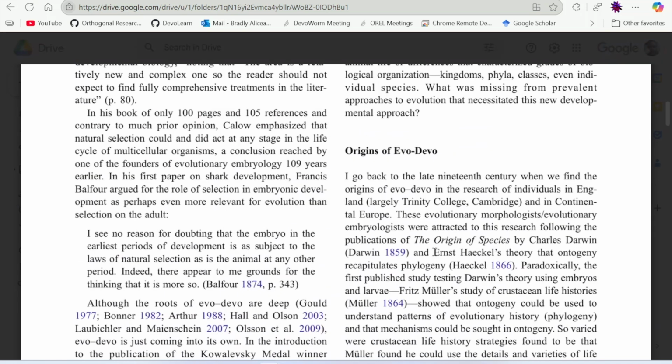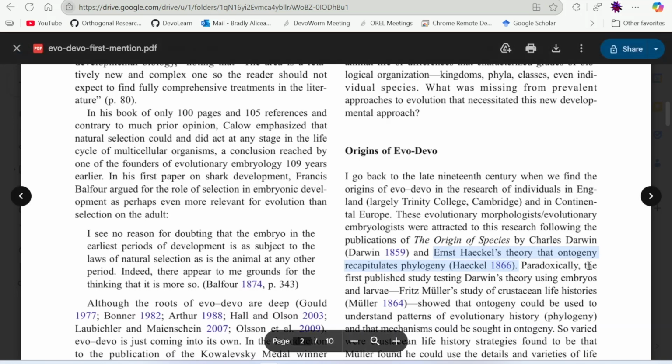So Ernst Haeckel, of course, was one of these 19th century embryologists, and he had a theory that ontogeny recapitulates phylogeny. That is, as you go through the tree of life, you find that the developmental system is recapitulated.